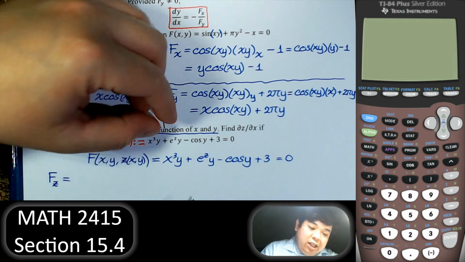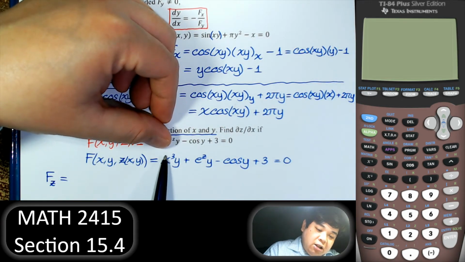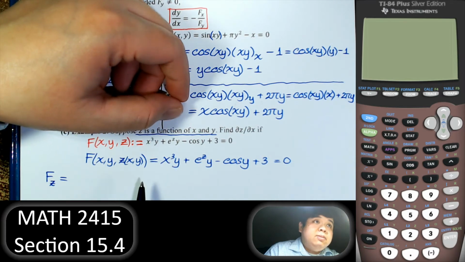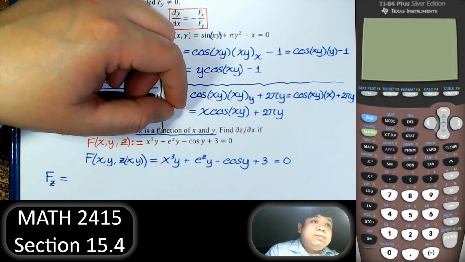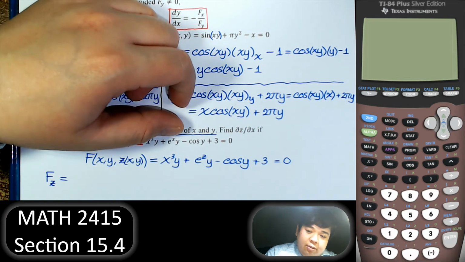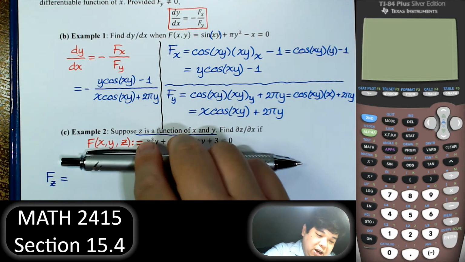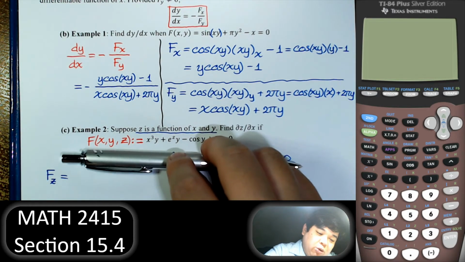With respect to z, this is a constant. Yeah, we can write like that, but just focus on the first one then. It could be more confusing when you write like that.